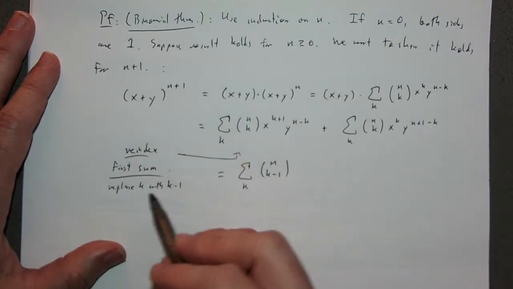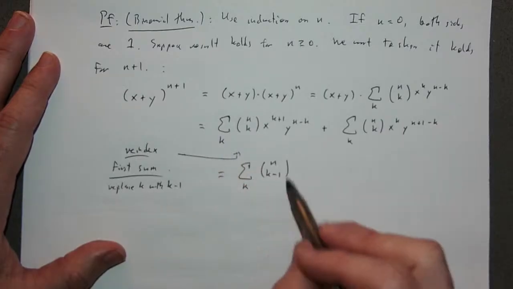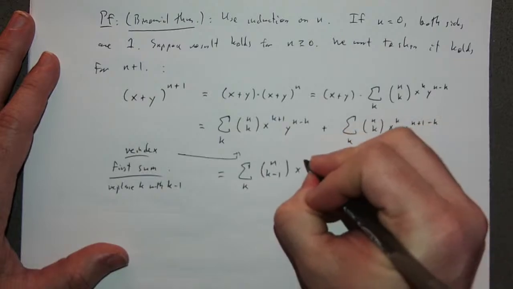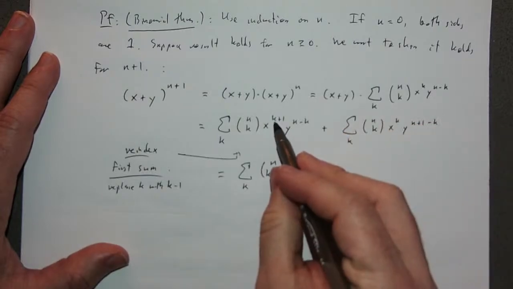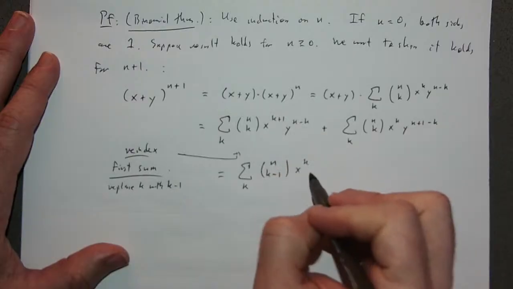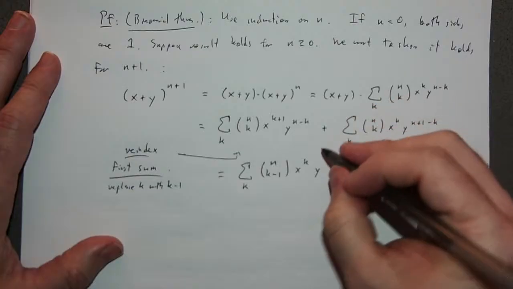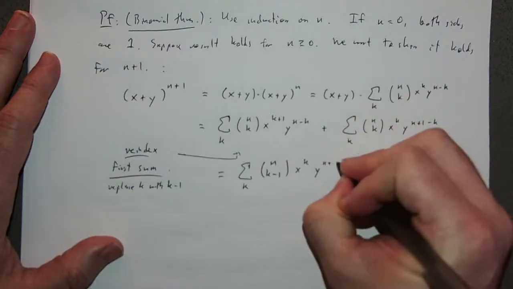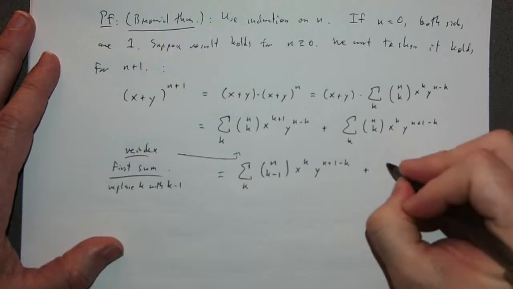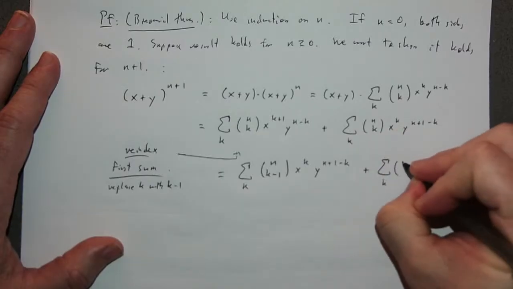Well, because this reindexing is not going to change the fact that all values of k are being summed over here. So this is n choose k minus 1 times x to the k, because k has been replaced with k minus 1 here. So k minus 1 plus 1 is just k, times y to the n plus 1 minus k, plus, I'm just copying this second sum from before.